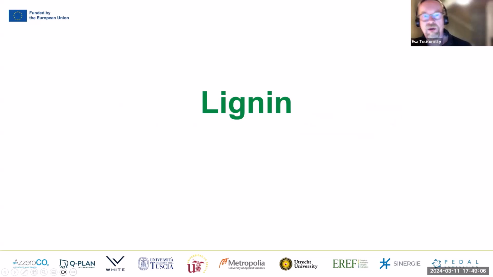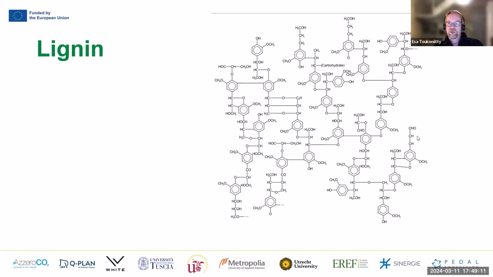Then we come to lignin, and this picture is in the course textbook. I took it from there, and if I remember roughly, although it has been studied, the actual composition of lignin is very difficult to figure out, or one can say that it's not fully characterized or known yet.